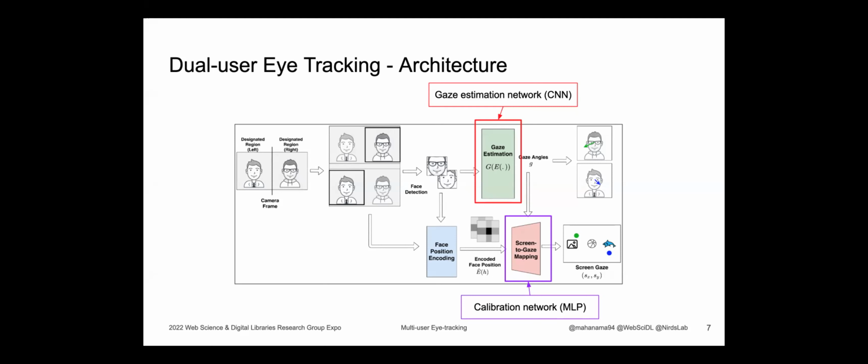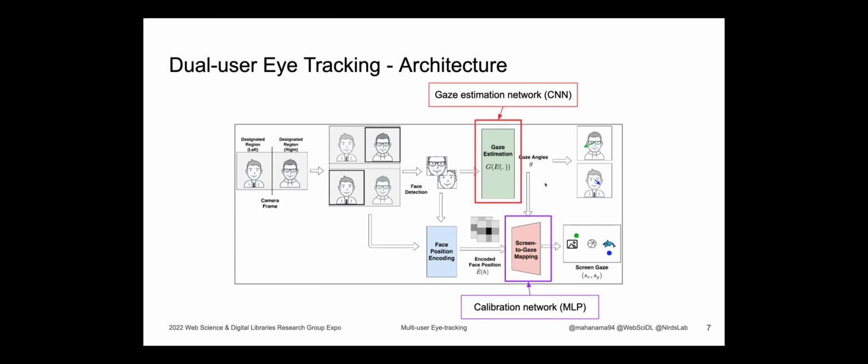Instead of estimating screen positions, we estimate the gaze angles, which is the general form of estimating gaze. The gaze angles are in the form of pitch and yaw, that is, whether you are looking up or sideways.